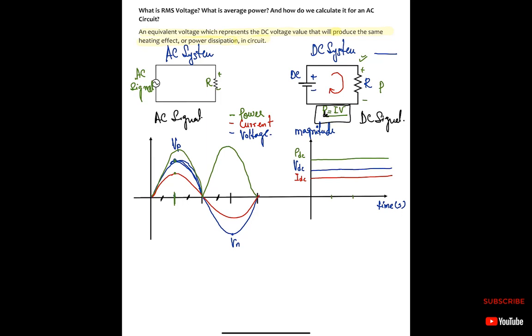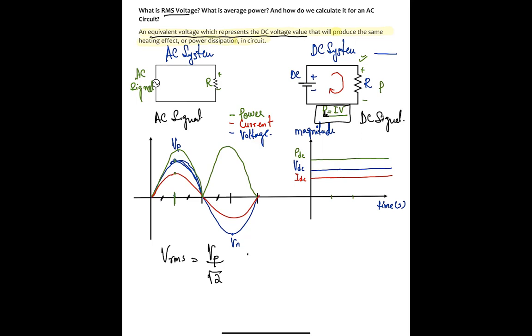Okay, and therefore we need to find an RMS voltage, which is an equivalent voltage that represents a DC voltage value for an AC system. So how do we find that VRMS? Just to give you an equation, VRMS equals the peak voltage VP over the square root of 2.